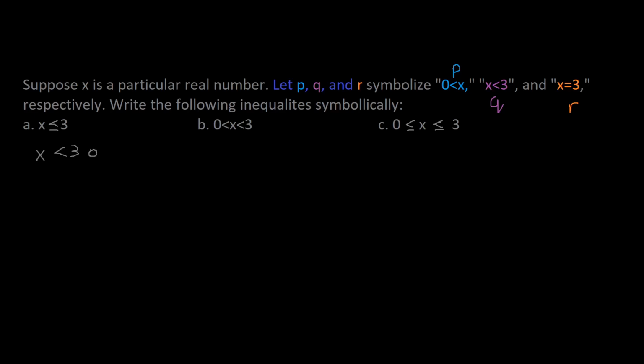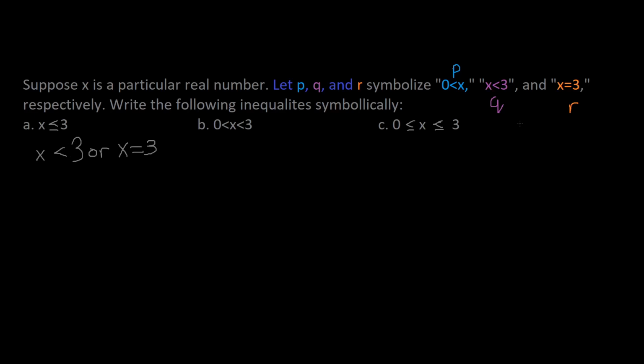So it's going to say or, so x equals 3. And that's not a heart, that's a 3, so don't get that confused. x is less than 3 or x equals 3. And so we understand how that's read.